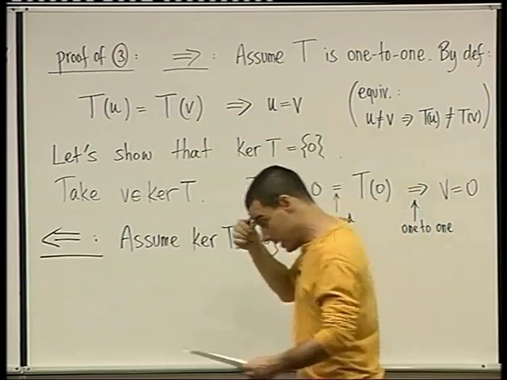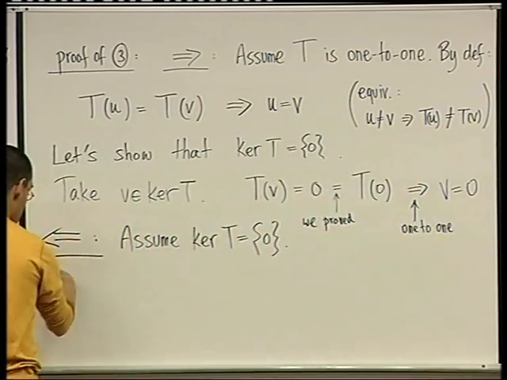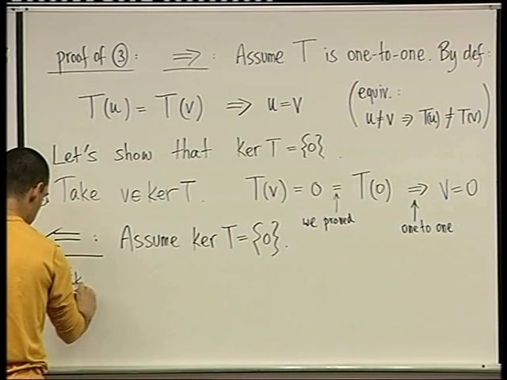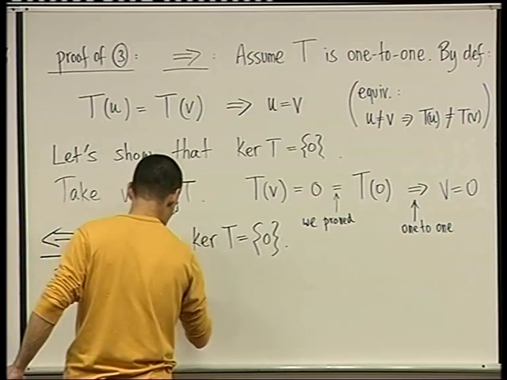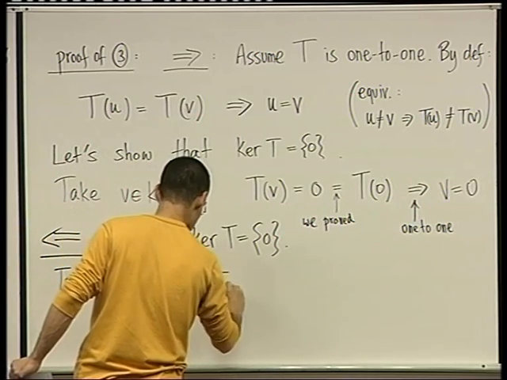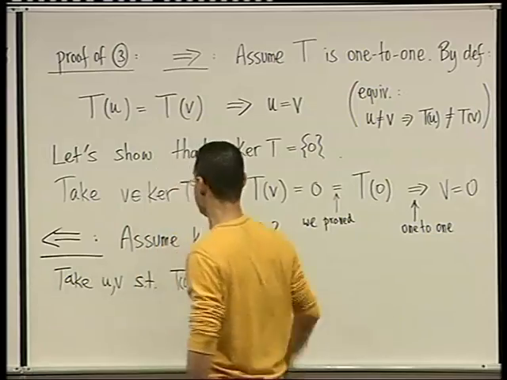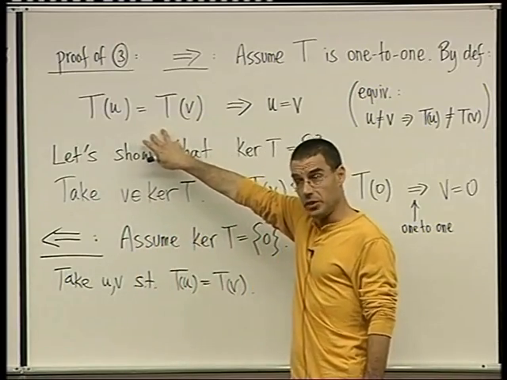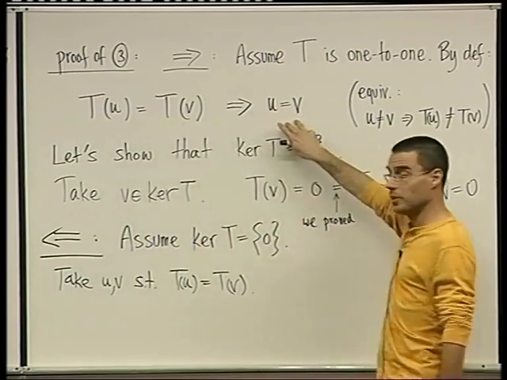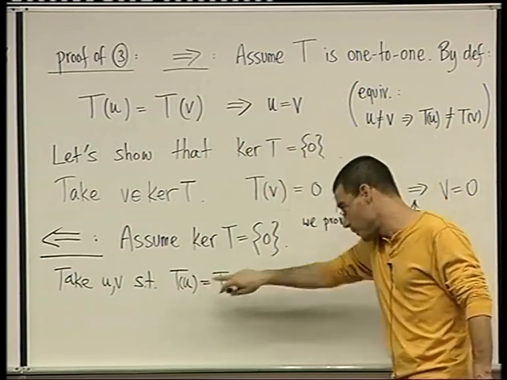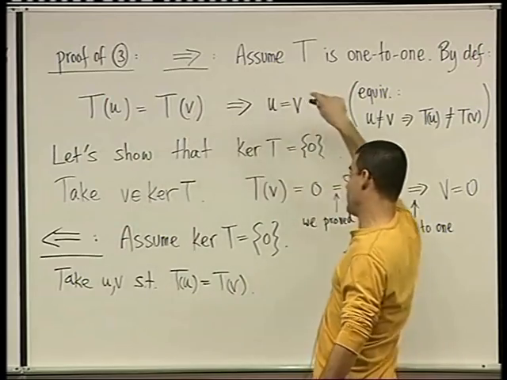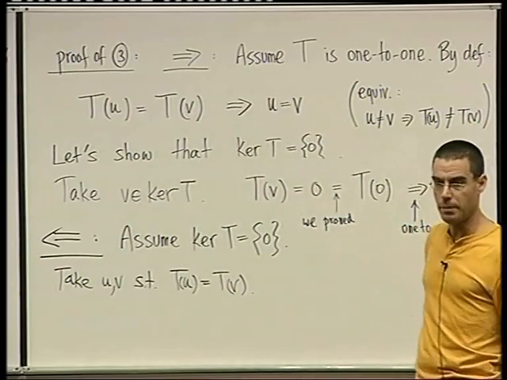So take U and V such that T of U equals T of V, and we need to show that U equals V. Right? If we show that if T of U equals T of V, that implies that U equals V, we're done. It's a one-to-one map.